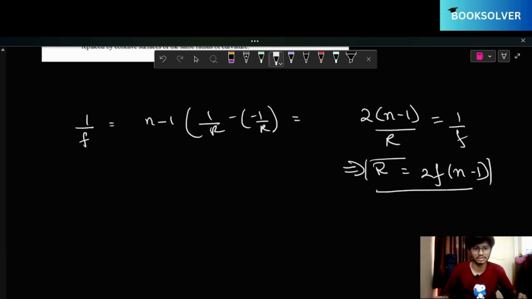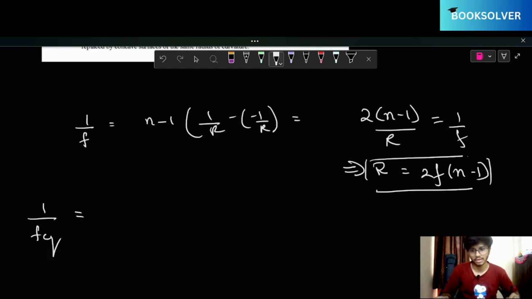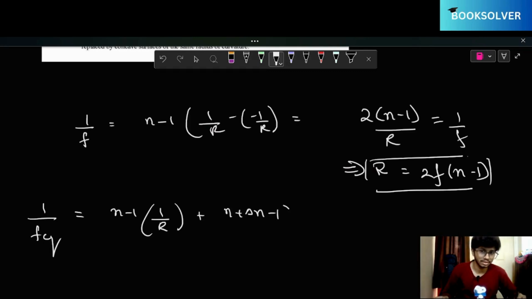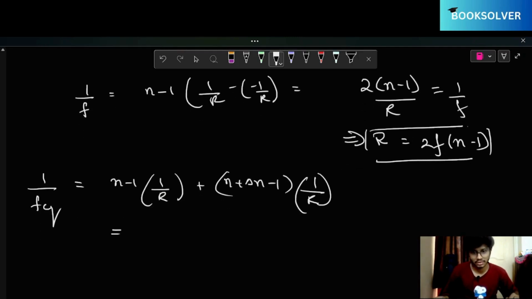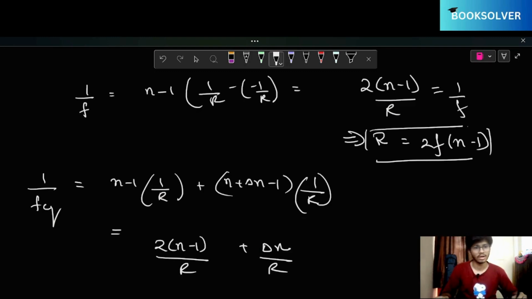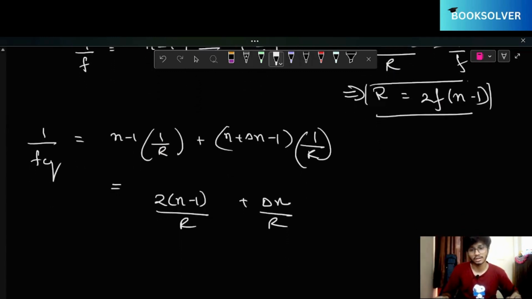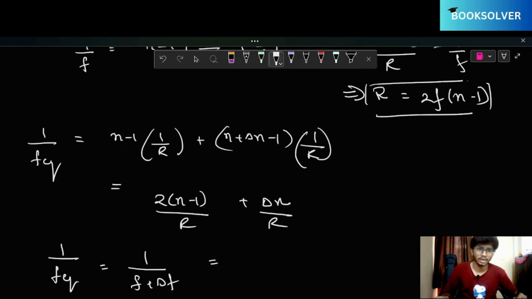Okay, we'll need this. Next we have 1 by F equivalent, the new focal length, that will be equal to N minus 1 into 1 by R minus 0 plus N plus delta N minus 1 into 0 minus of minus 1 by R, that is 1 by R. So this will be 2 times N minus 1 by R plus delta N. Now substituting the value of R, we get 1 by F equivalent, which is 1 by F plus delta F, equal to 1 by F plus delta N by 2F into N minus 1.